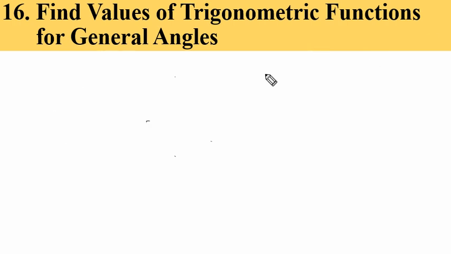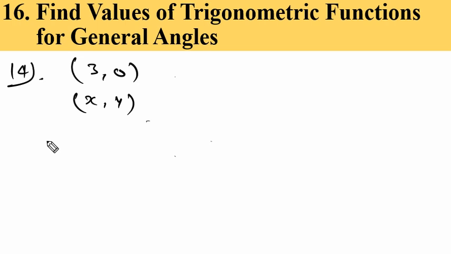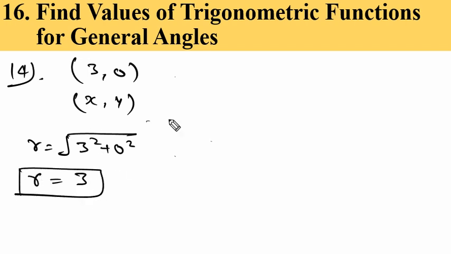Let's try a few more examples. Now question number 14 says 3 comma 0. So x is 3, y is 0. R will be square root of 3 square plus 0 square, which is basically x square plus y square, and that will give you 3 only. So r is 3.